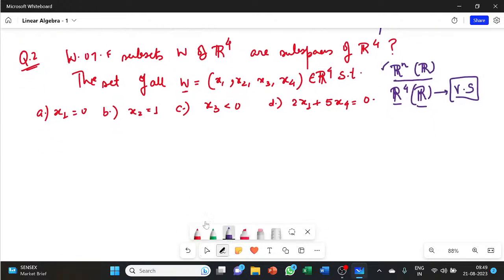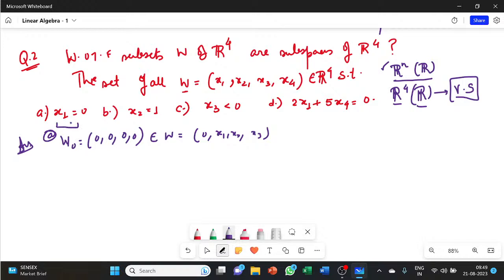Okay, so let us do it. Clearly, if I consider 0, 0, 0, 0, it indeed belongs to W, where W is equal to 0, x2, x3, x4. Because all one needs for option A is that the first coordinate should be 0, and all other elements can be anything.